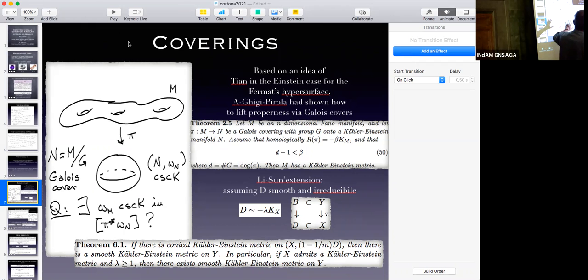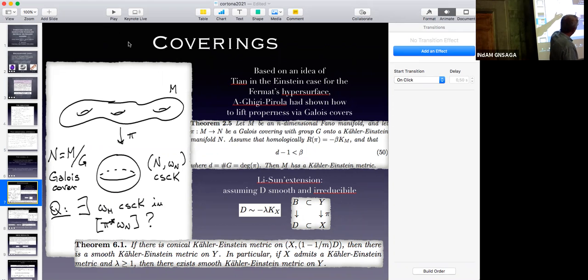Let me just tell you again, this is a generalization of something we knew from the Kähler-Einstein world. So let me remind you at least the two main theorems in the Kähler-Einstein world. A few years ago with Alessandro Ricci and Gianpietro Pirola, we proved one version of this theorem. At least one, we gave one sufficient condition for the answer to be yes. So now we have to start with the genuine Kähler-Einstein.